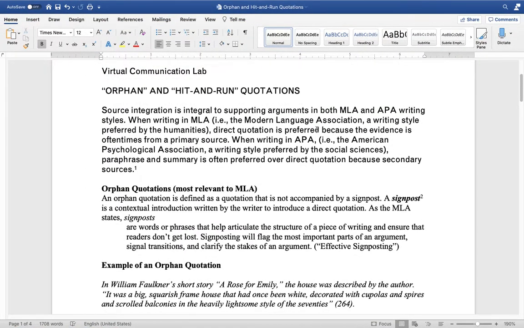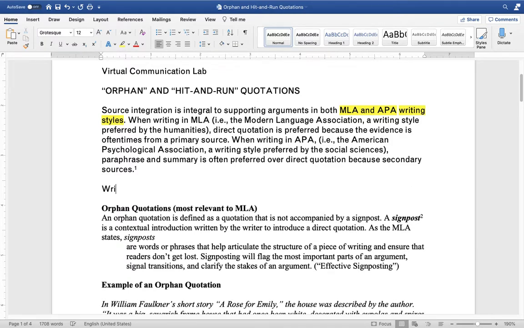When we talk about what MLA and APA actually are, and you may have heard this before, they are actually called writing styles. And if we say, well, what's a writing style? A writing style determines format.